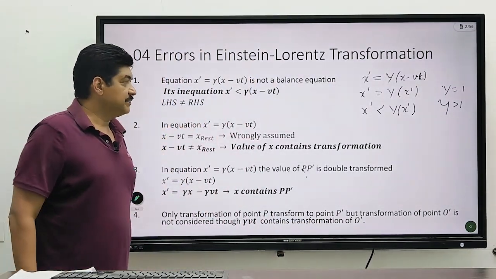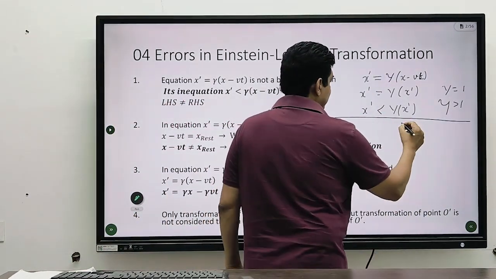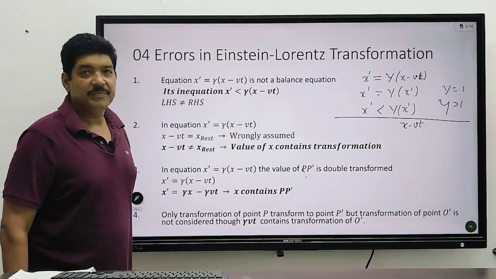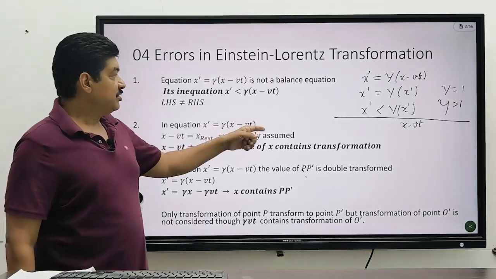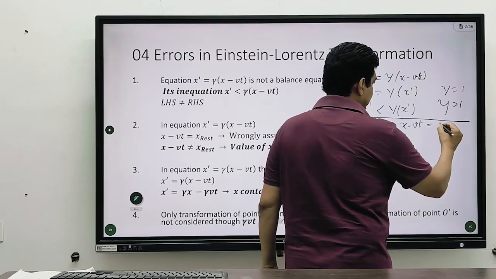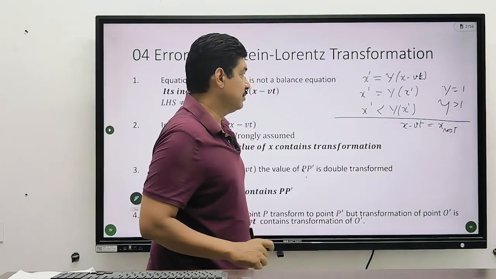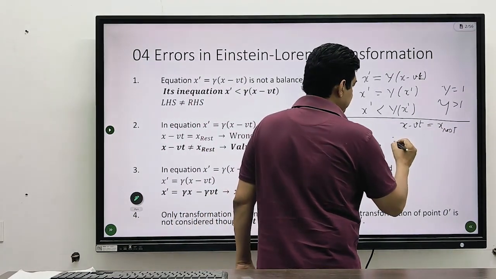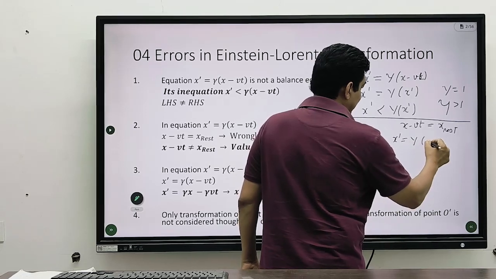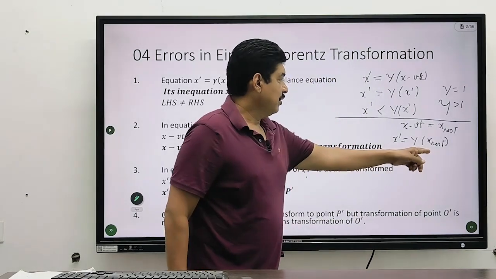The second error is that this x minus vt is wrongly assumed by Lorentz to be x rest. What he wanted was x prime is equal to gamma x rest. Why?